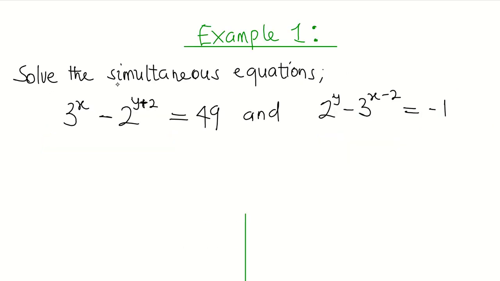We have this set of examples, and in example 1, it says: solve the simultaneous equations 3^x - 2^(y+2) = 49 and 2^y - 3^(x-2) = -1.